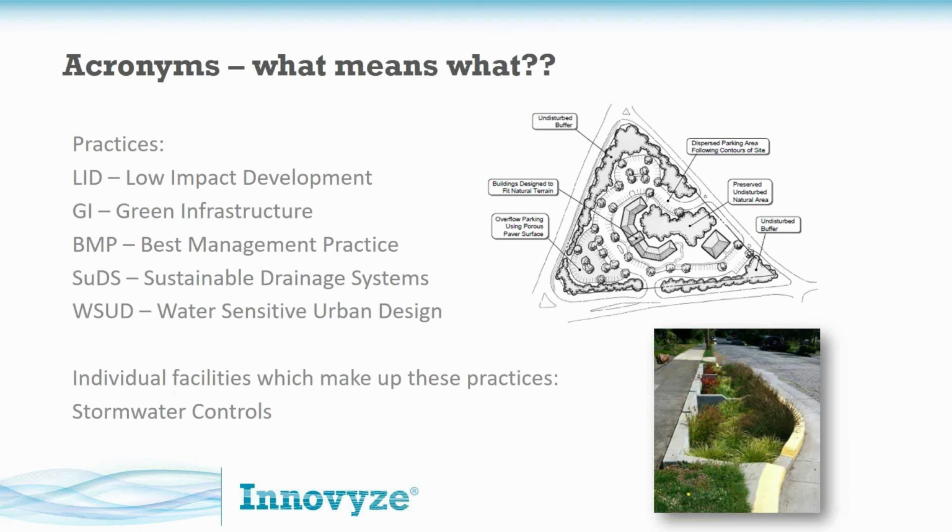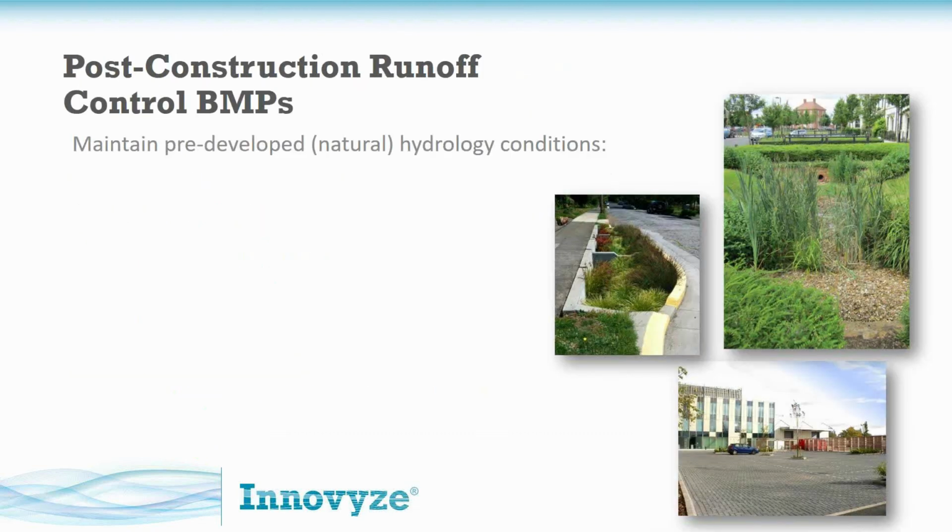So those are large practice ideas. I'm going to specifically call an individual facility a stormwater control. So a pond or a single rain garden is a stormwater control, versus green infrastructure, which is this larger notion of sustainable design.